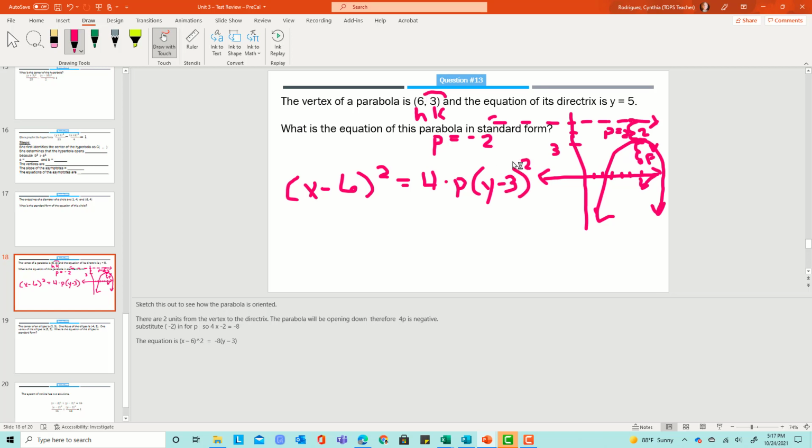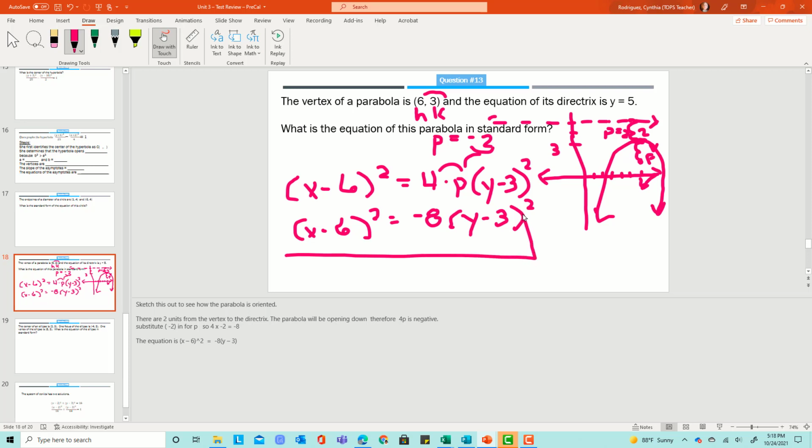Substitute that negative 2 in here for p. Multiply negative 2 times 4 and you'll get negative 8. And simplify this just a little bit more. And here's our equation. X minus 6 squared equals negative 8 times y minus 3 squared.